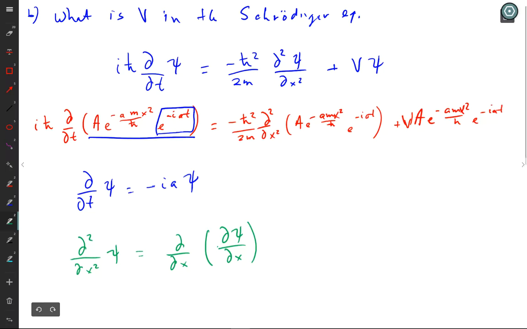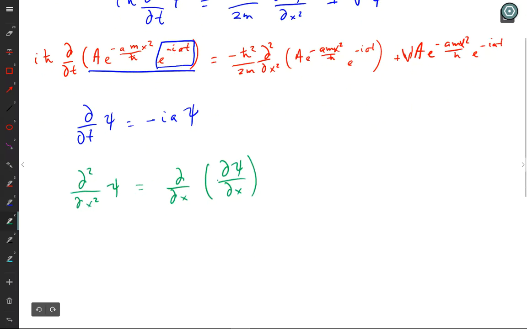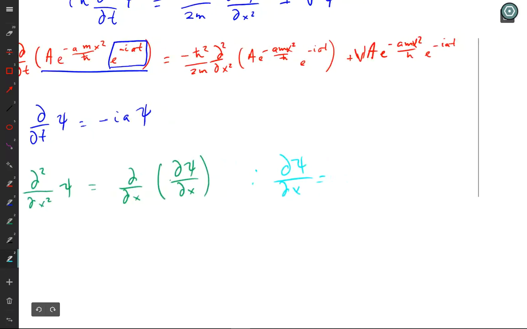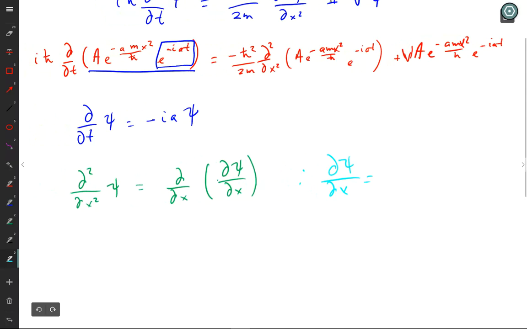What's the derivative of psi with respect to x? We're going to bring down minus 2amx over h bar. Right, you have to bring down the derivative of the exponent, and since the exponent has an x squared, I bring down minus 2amx over h bar.